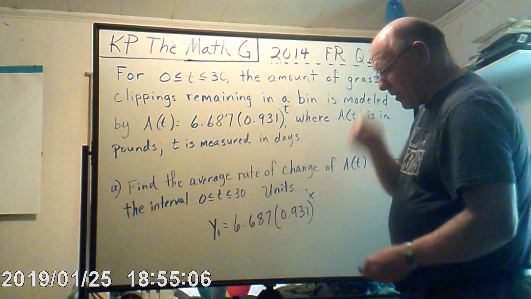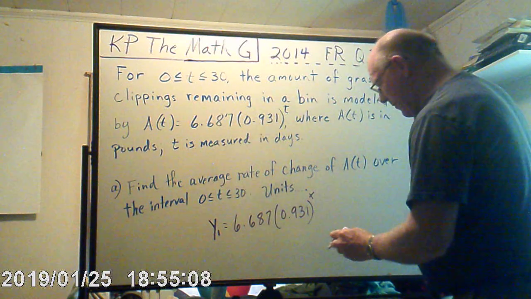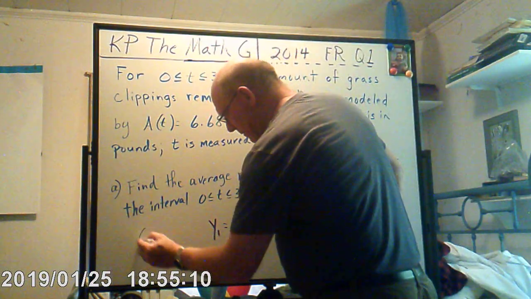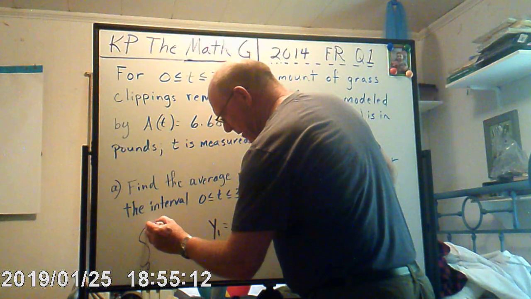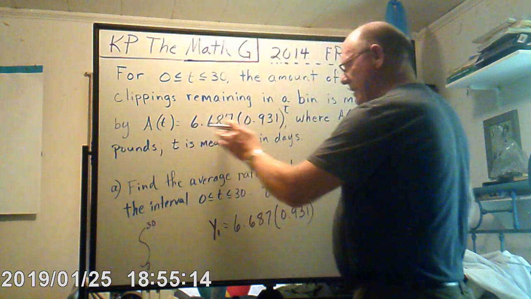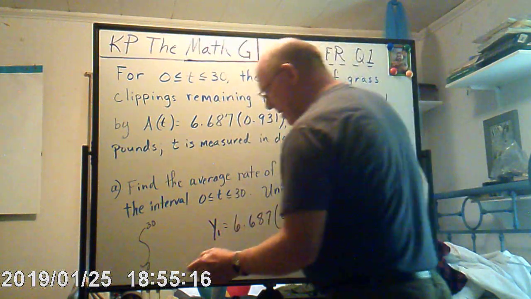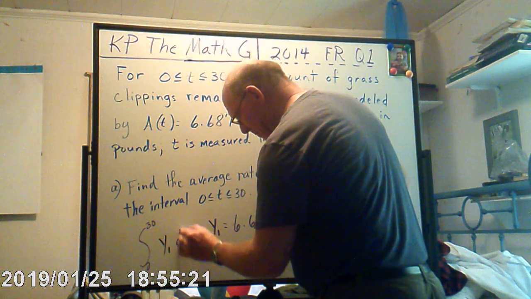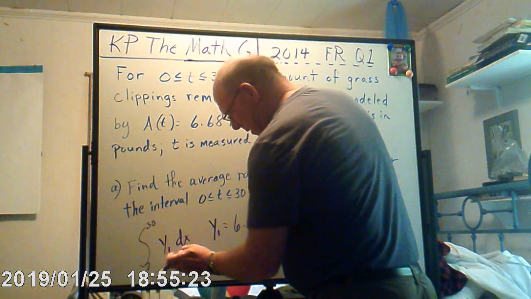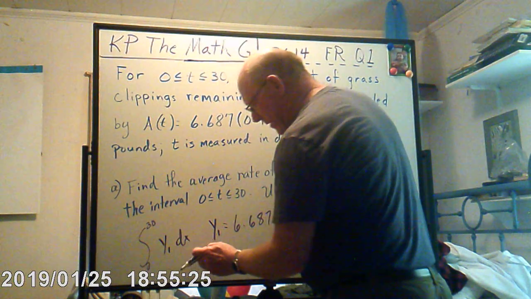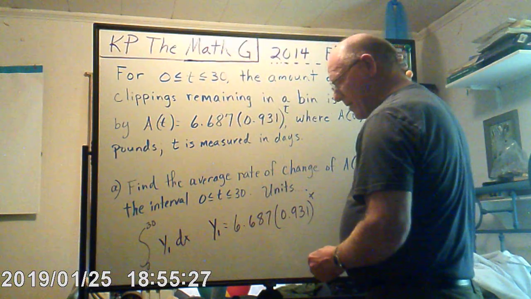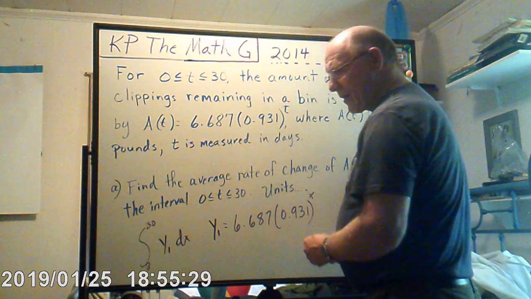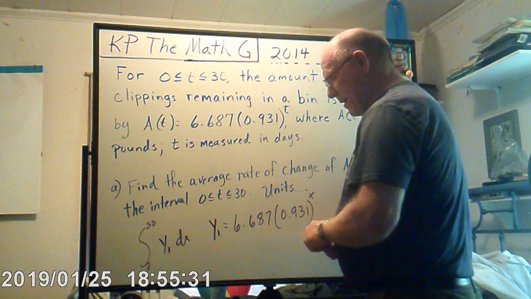And then when you get ready to integrate, say from 0 to 30, you do not have to waste time putting this back in every time. You can just put Y1, and then of course it will be dx, and you can put that in there right away.